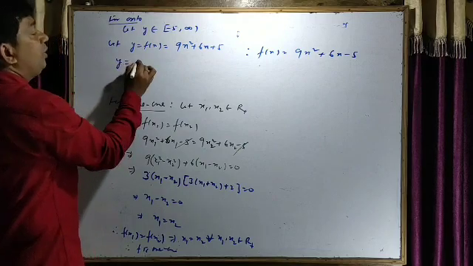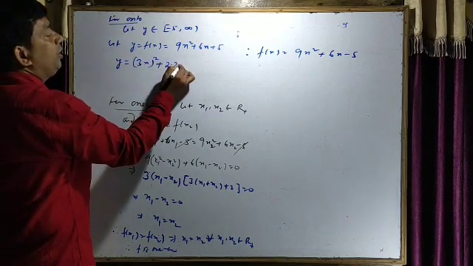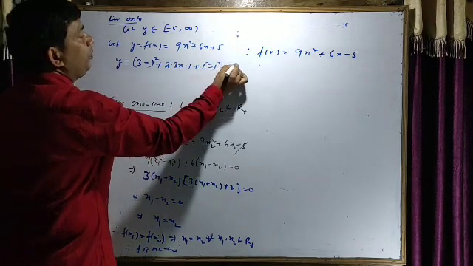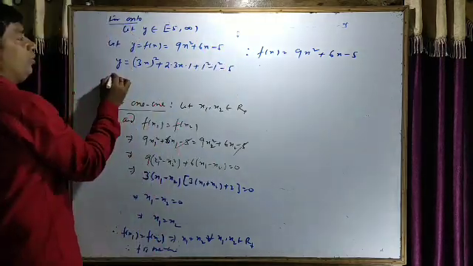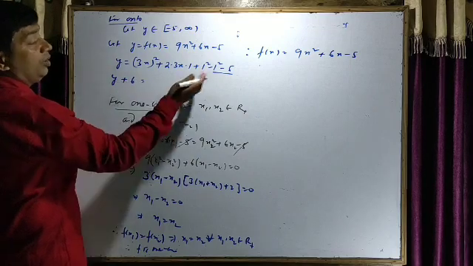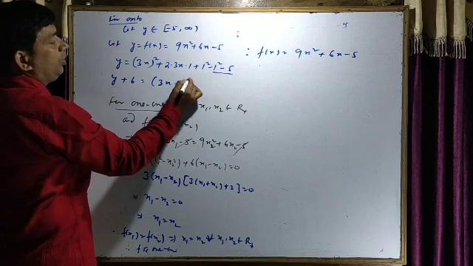See, y equals 9 times (3x) whole square, using a square plus 2ab plus b square, that is (3x plus 1) square minus 1 square, minus 5. So y plus 6 equals (3x plus 1) whole square.